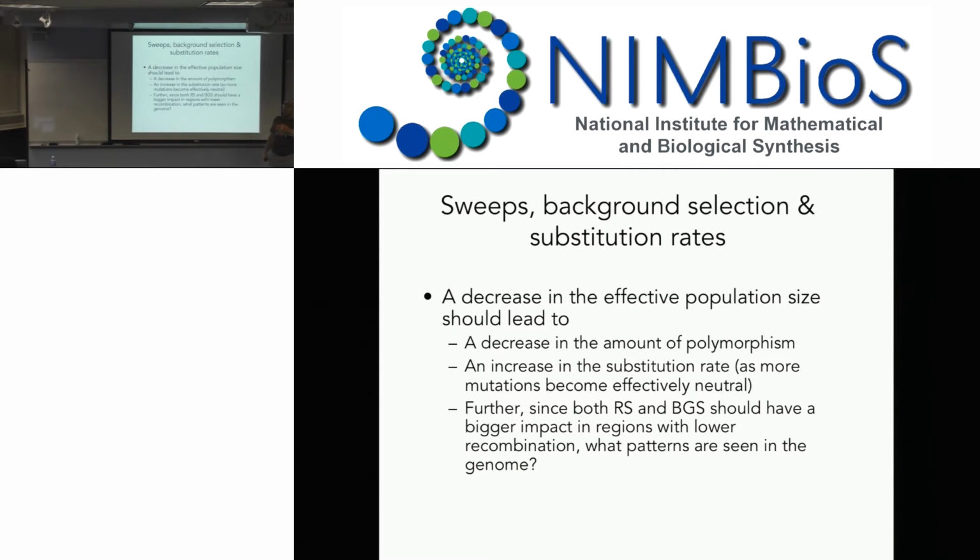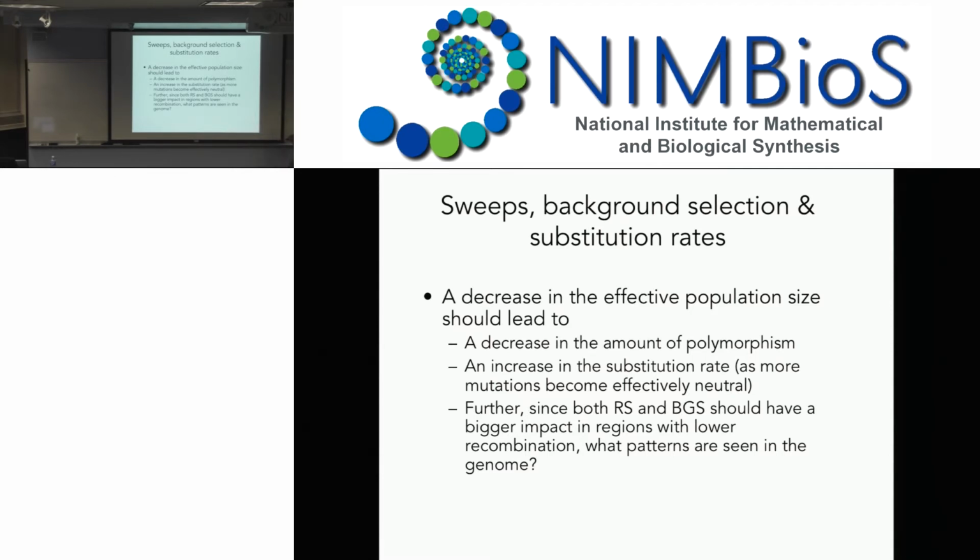Remember, for N_e s bigger than 1 in absolute value is when selection dominates. So if I have a range of selection coefficients, that range where selection dominates may be everything outside this region, so pretty big. As my effective population size gets smaller, I have a larger region of that distribution of selection coefficients where things are effectively neutral.